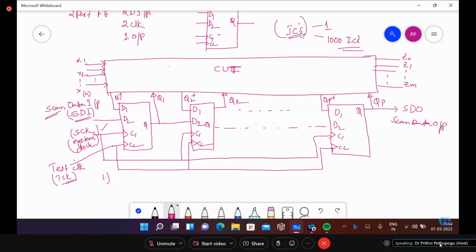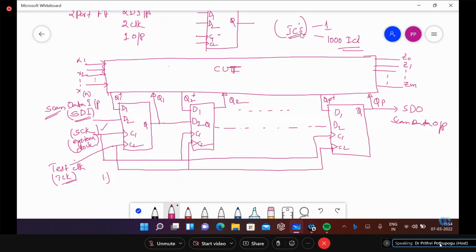It will be thousands of ICs for one lot. In the same way, if you can test all similar ICs in a lot, that gives you much time saving. You are going to save much time if you test more ICs in a slot rather than testing one IC.